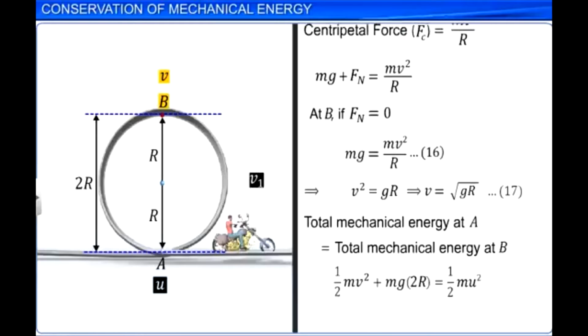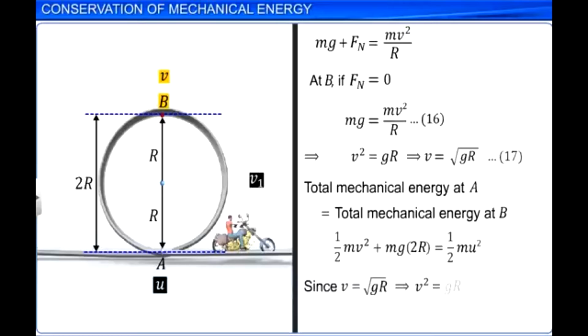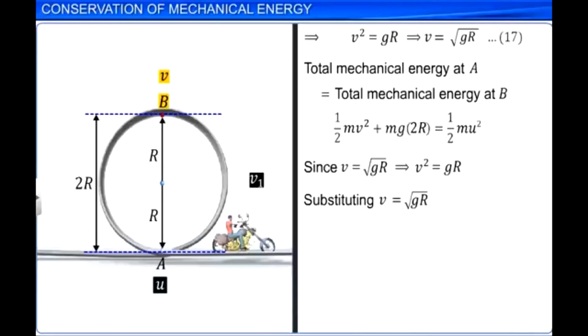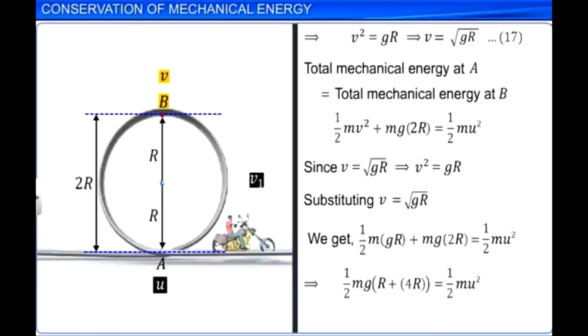But since v square is equal to gr, substituting the minimum velocity at point B, v is equal to the square root of gr in equation 15, we get half mgr plus mg into 2r is equal to half mu square. On further simplification, we get half mg into r plus 4r is equal to half mu square.